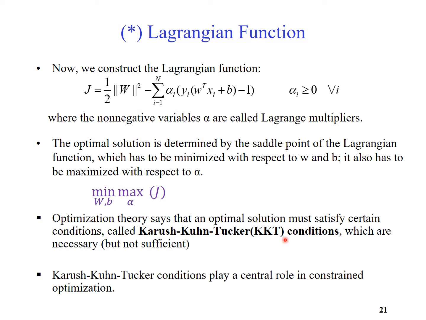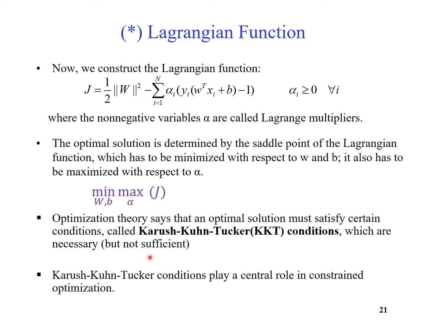Okay, let me repeat. We have a primal problem of SVM, and we have this Lagrangian problem of SVM, okay, and these two problems have exactly the same answers if this problem satisfies KKT conditions. So if the Lagrangian function satisfies KKT conditions, then it is guaranteed that this problem generates exactly the same answers as the original primal problem.